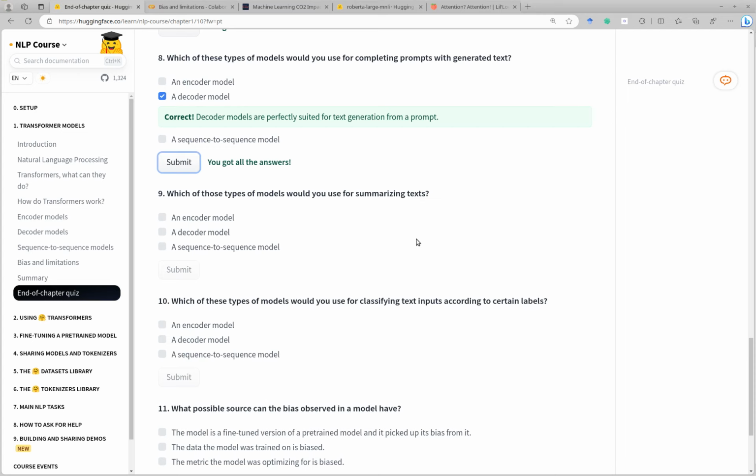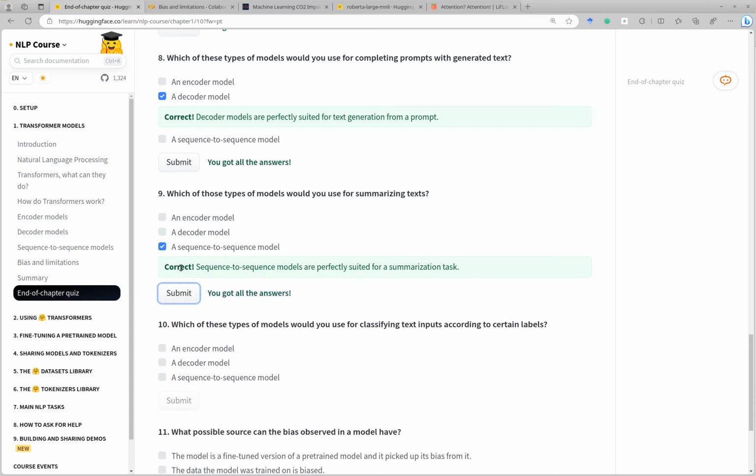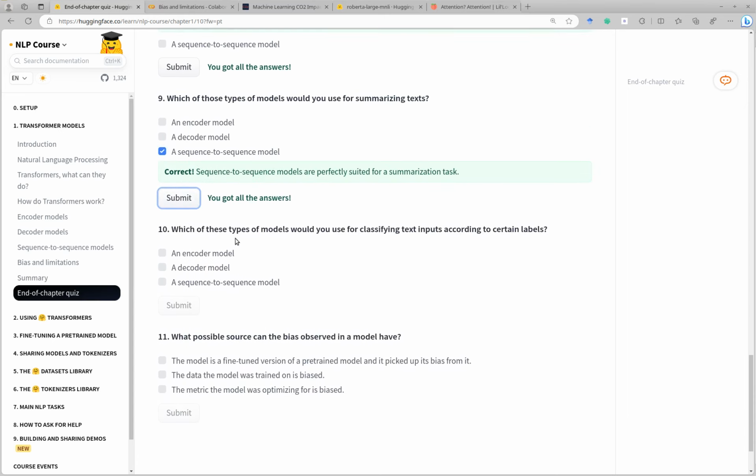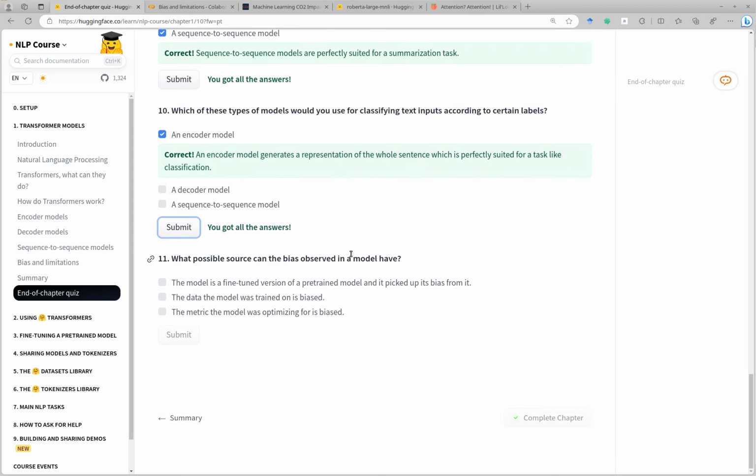Now, which type of model would you use for summarizing text? For text summarization, a sequence-to-sequence model is the best one. And which would you use for classification of text? For classification, the encoder model is the most suitable one.